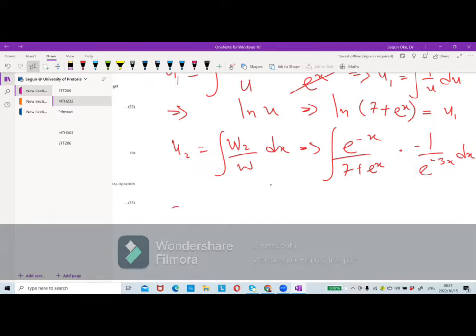Can we go ahead? We have it to be exponential. We have negative; we can take negative out. Are we together, please? Yes, sir. Let's say the negative is here: integral of exponential minus x divided by 7 plus exponential x, times exponential 3x dx.